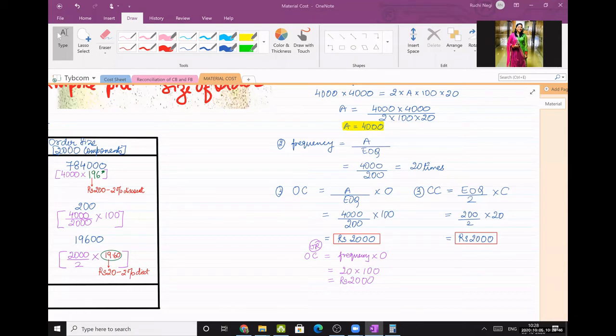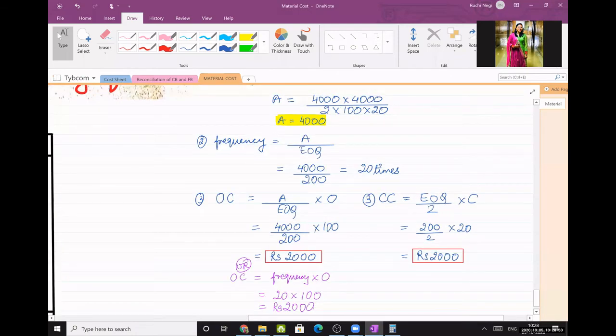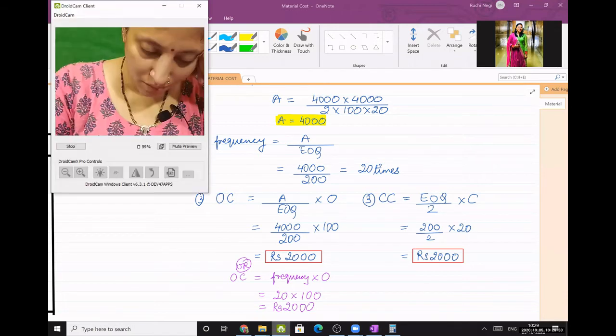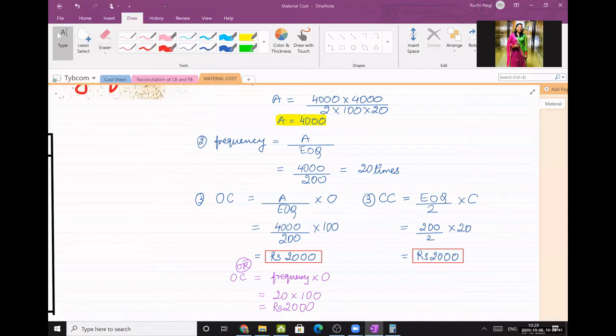So by the time, just note down all this. Okay. So I hope till here it's clear.